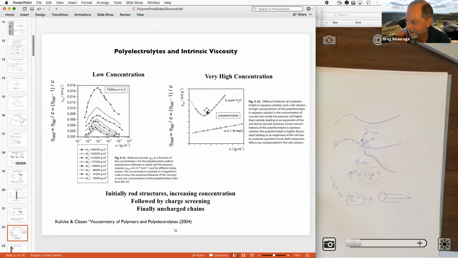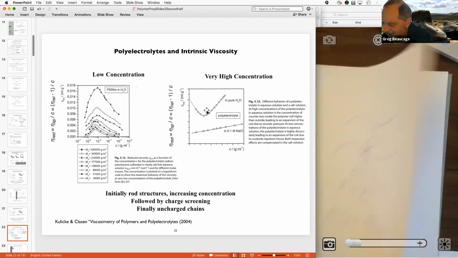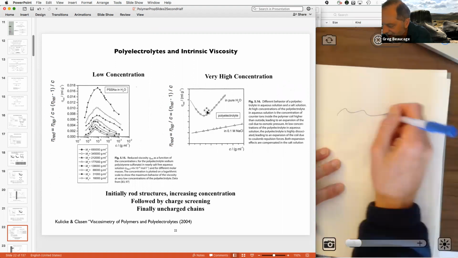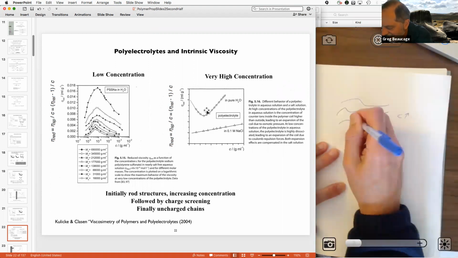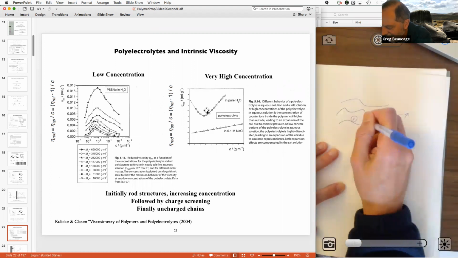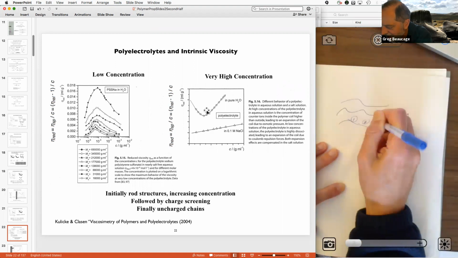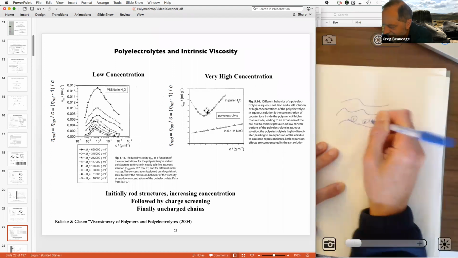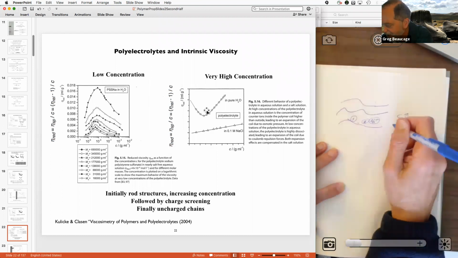With polyelectrolytes, you have this issue. As you increase the concentration, so C goes up, your counterion concentration goes up too. Say it was a polyanion with sodium counterions. As you increase the concentration of polymer, you increase the sodium content, which means the Debye screening length goes down, right?